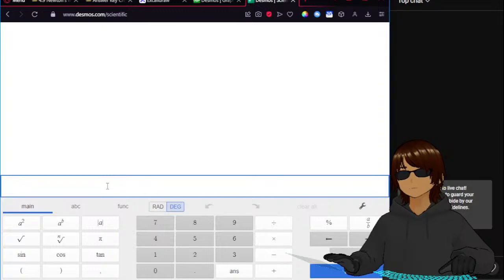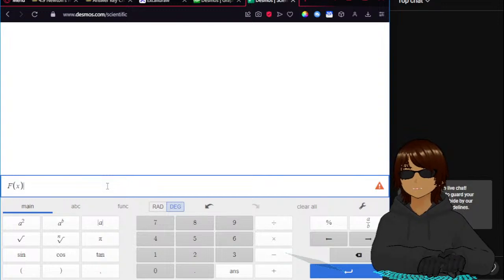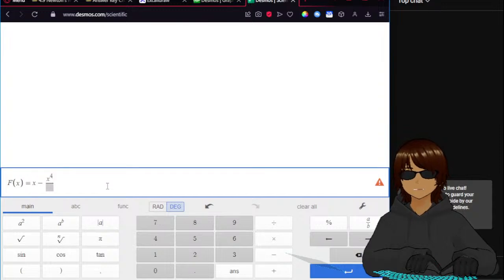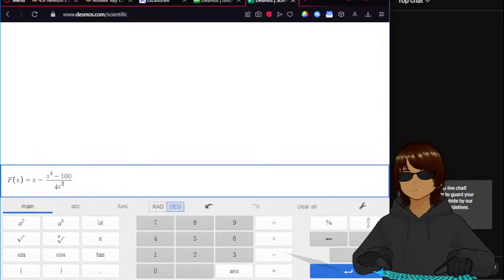So let's do equal to a x minus, minus 100 for x cubed.